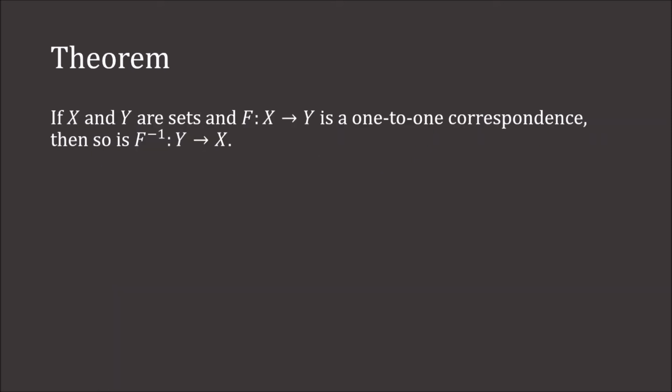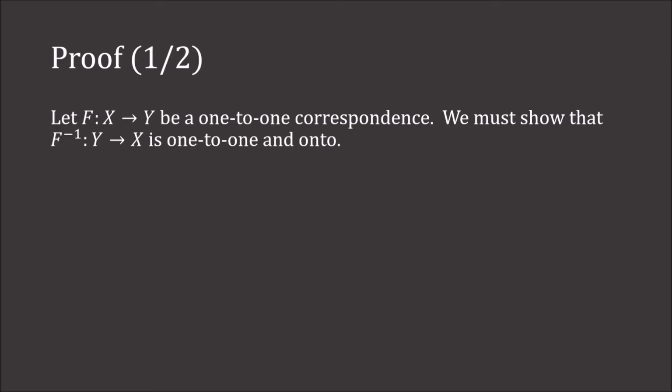Now, if X and Y are sets, and f from X to Y is a one-to-one correspondence, then so is f inverse. In other words, if f is a one-to-one correspondence, which it has to be to have an inverse, then the inverse is a one-to-one correspondence as well. So let f from X to Y be a one-to-one correspondence.